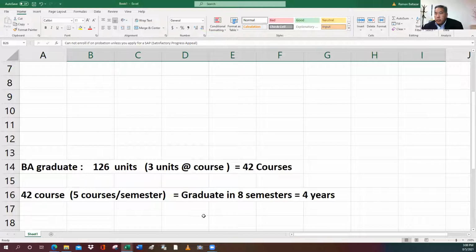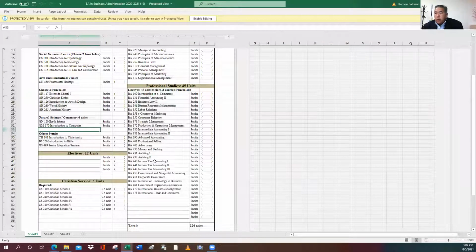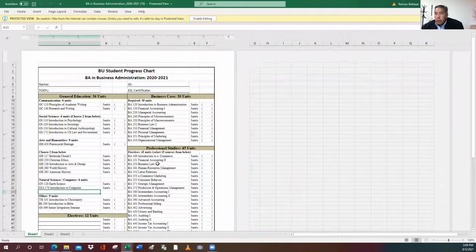All right, so that is the plan, but of course, some of you might take longer, and hopefully you can graduate within 4+ years, but on an average, it would be around 4 years, okay? So to summarize, okay, this is your progress chart, okay?